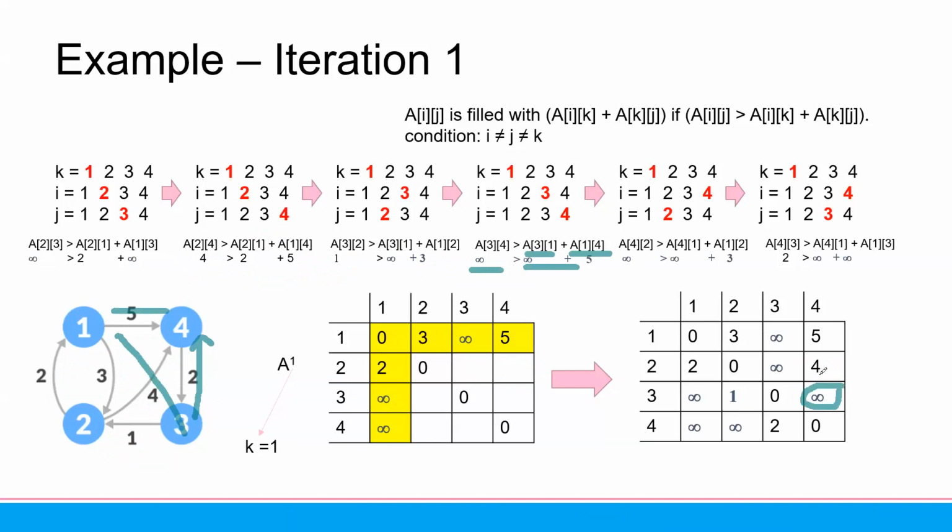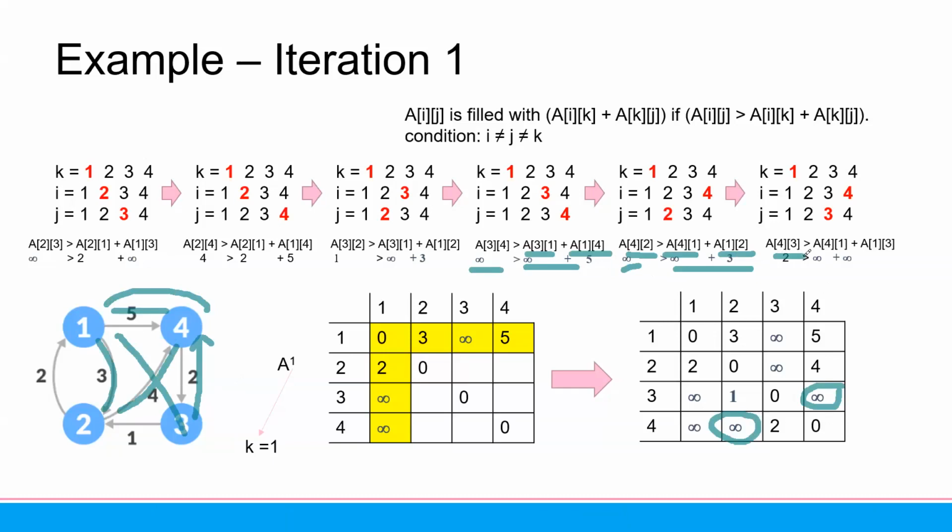What about 4, 2? For 4, 2, we also have no direct edge here, so it is infinite. And then we have 4, 1 and 1, 2. 4, 1 is infinite and 1, 2 is 3. So this is also infinite, we just keep this as infinite.